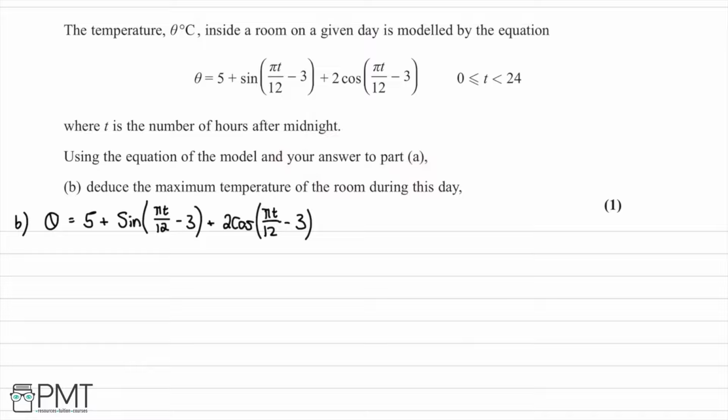Recall in part A, we worked out what r sine of x plus alpha was equal to, and that was coming from sine x plus 2 cos x. And what do we have here? We have sine of something plus 2 cos of something.